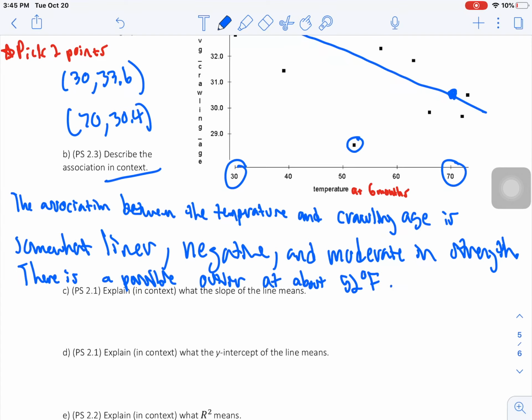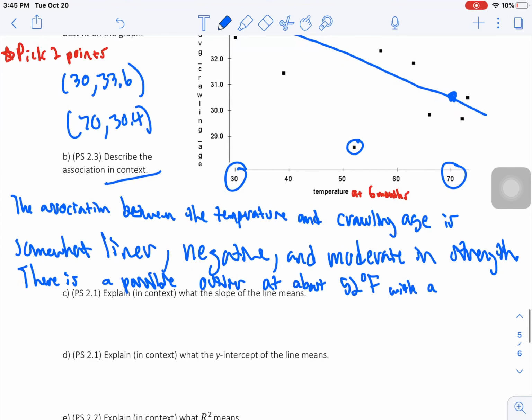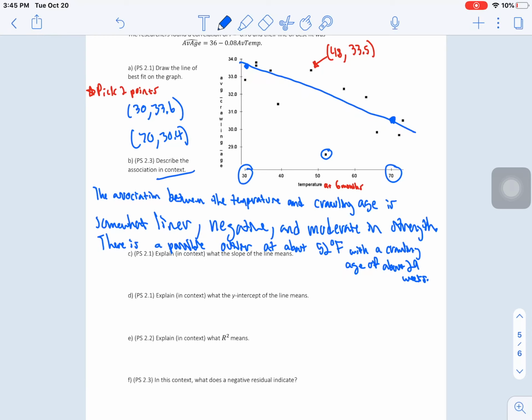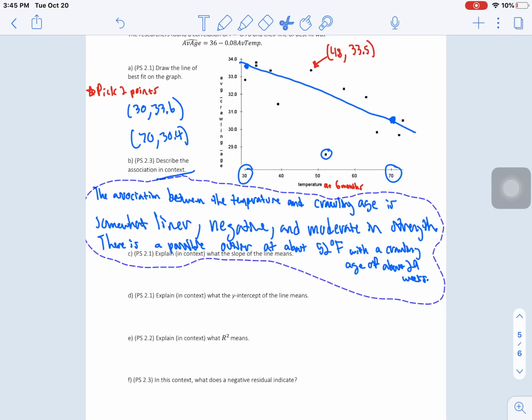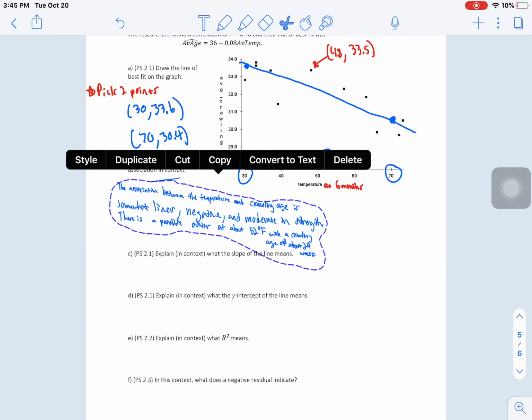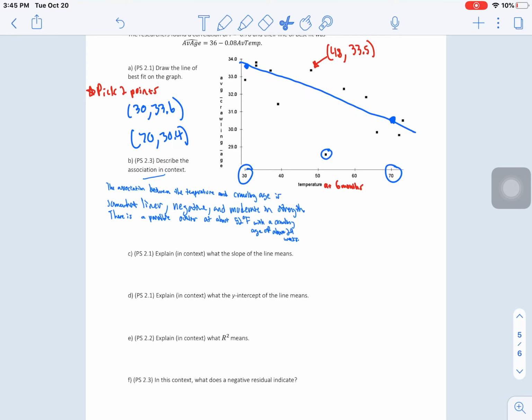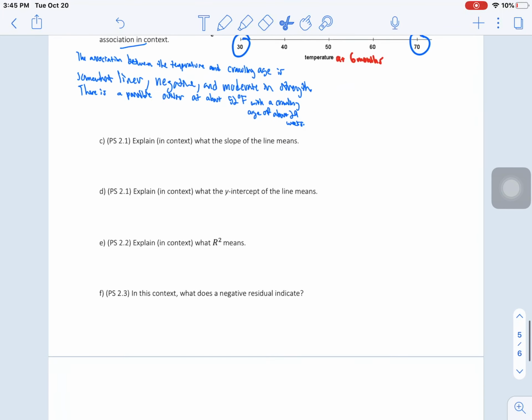At 52 degrees Fahrenheit with a crawling age of about 29 weeks. All right, I'm going to shorten this up a little bit. So again, describing the form, direction, strength, and then any possible outliers.